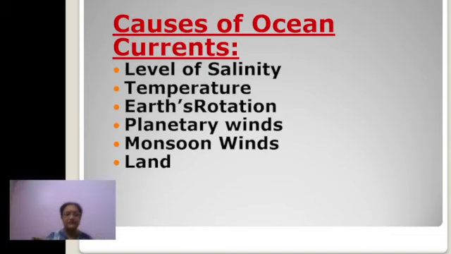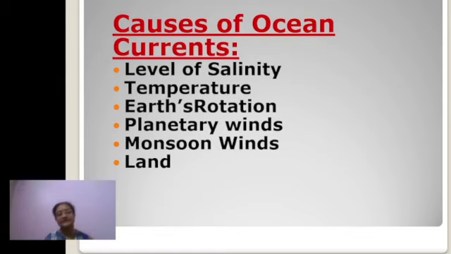This continues until it gets to an equilibrium, and in actual fact it is never reached. We never find that it stops and equilibrium has been reached. It can never be possible. So this continues like that, and this is one of the basic reasons behind the origin of ocean currents.